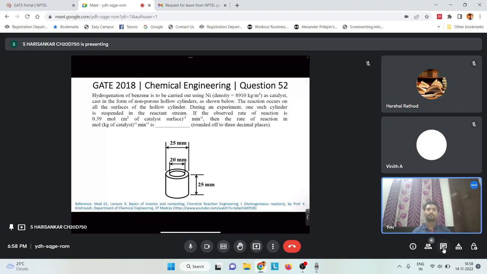So basically what we are trying to do here is convert this reaction rate, which is given in mole per meter square catalyst per minute, to mole per kilogram of catalyst per minute. So let us see how we can do this.